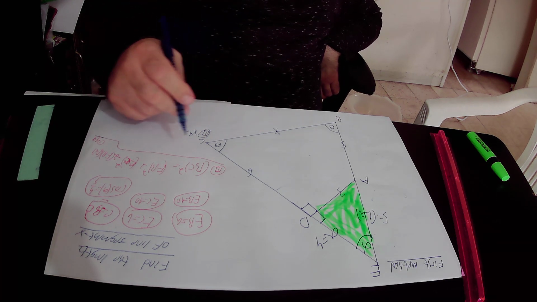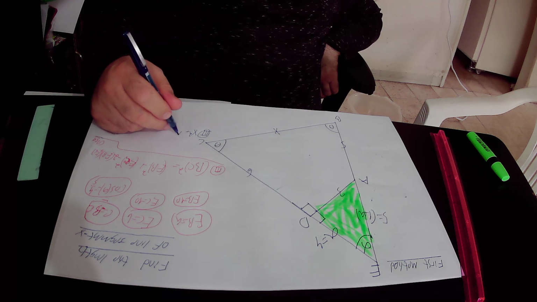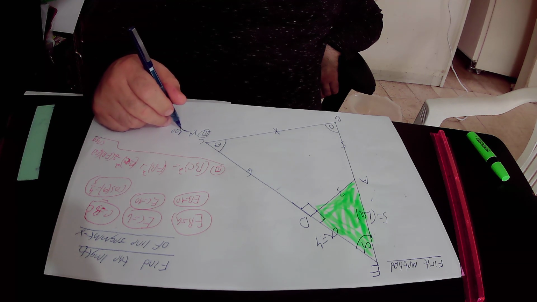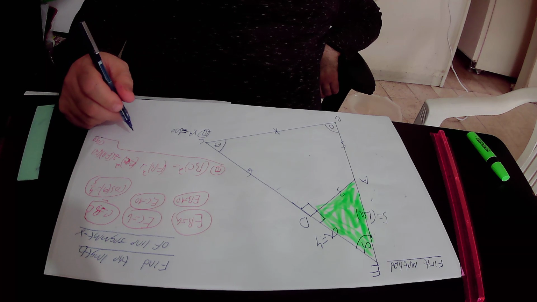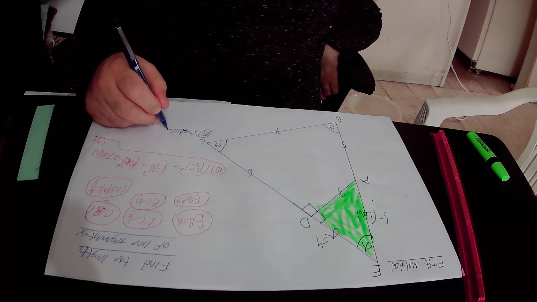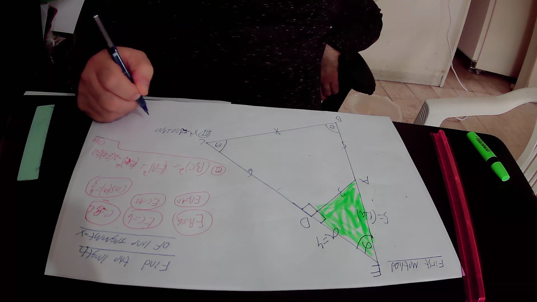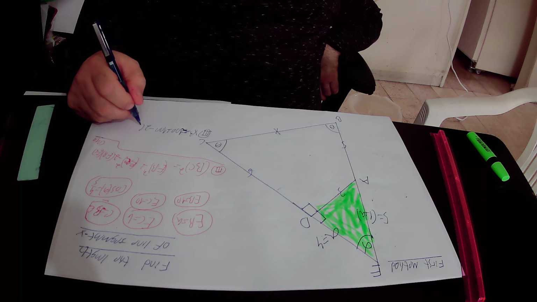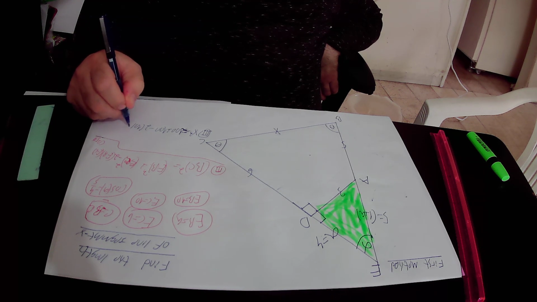EB equals 10, so EB square is 10 square, that is 100, plus EC square. EC equals 10, so EC square is also 100, minus 2 times EB is 10 and EC is also 10.